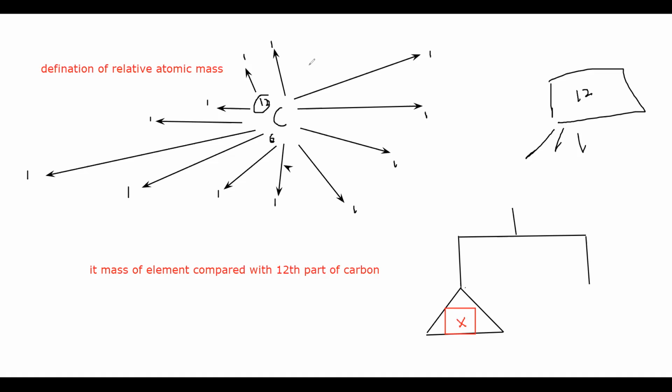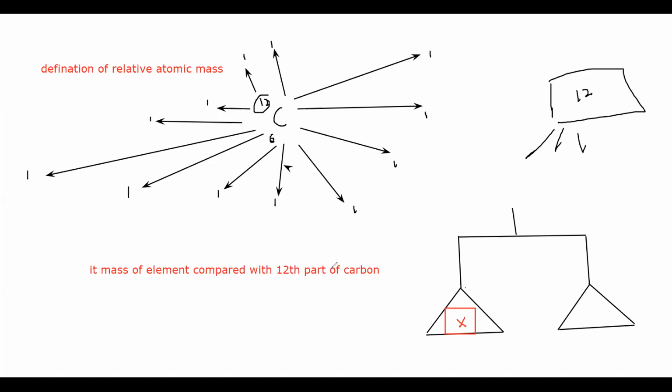On your right hand side, you want to find the mass of this unknown element. So how can you find the mass of this unknown element? This is a theoretical way. Practically, it is not done by this method. Practically, there is a device called a mass spectrometer used to find the atomic mass.